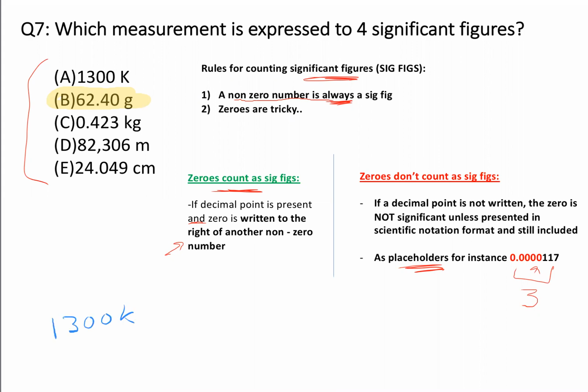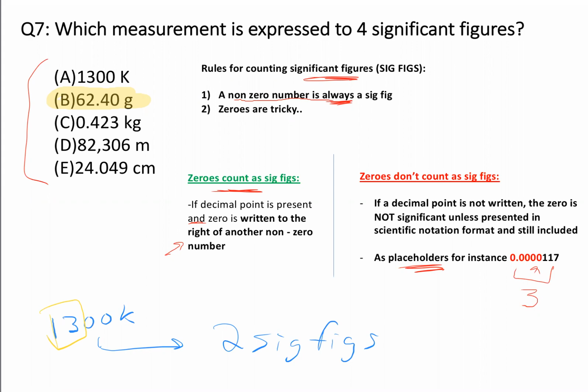1300 Kelvin. Kelvin's a temperature measurement. You probably already know that, but this is 1300 K. So let's assess how many sig figs this has. I look at that, and I quickly figure out it's got 2. The only digits which are significant in that number are the non-zero ones, the 1 and the 3.